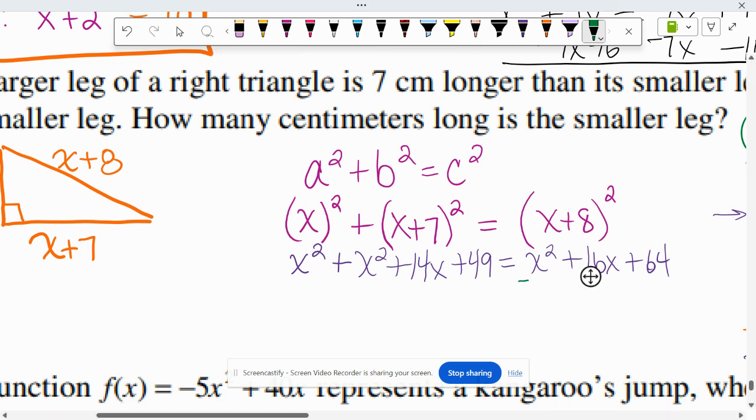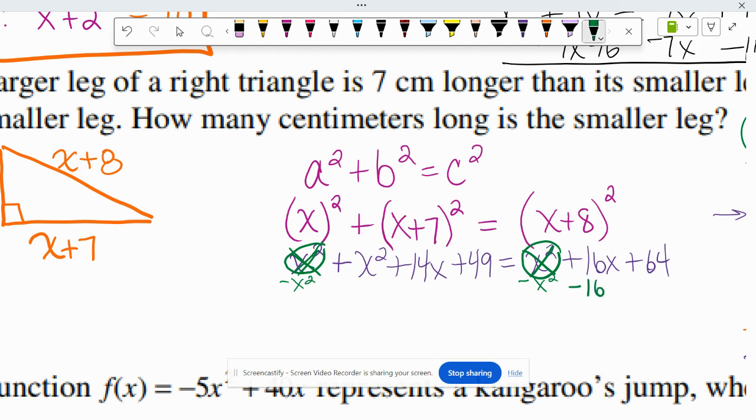Like I would technically subtract x squared from both sides. But really we said, hey, if you have an x squared on the left side and you have an x squared on the right side, same exact term, same exact sign, they just cancel each other out. Do you guys remember that? Okay, so now I don't have to combine like terms over here.